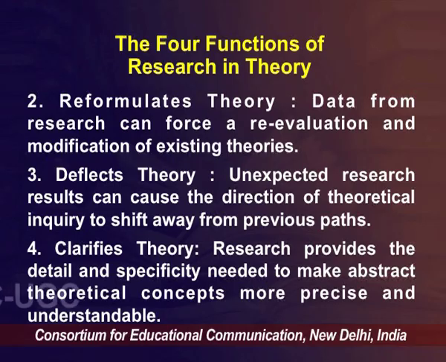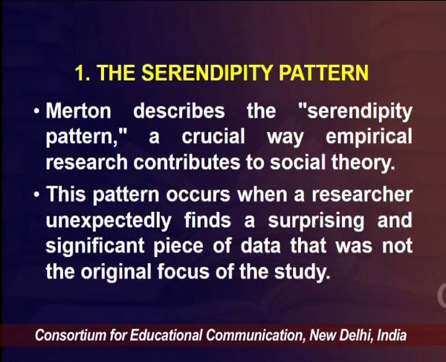Research provides the detail and specificity needed to make abstract theoretical concepts more precise and understandable. So, we will now discuss how Merton explains the 4 roles of the researcher and how research contributes to reformulation, clarification and construction of theory.